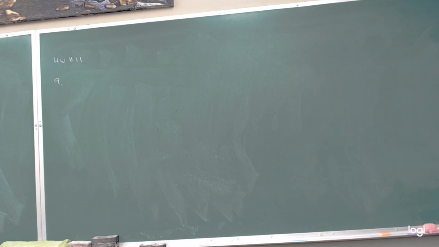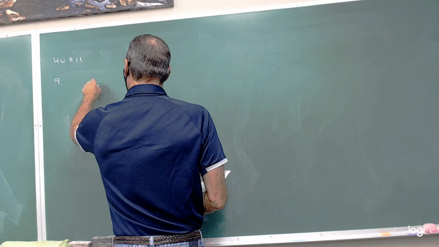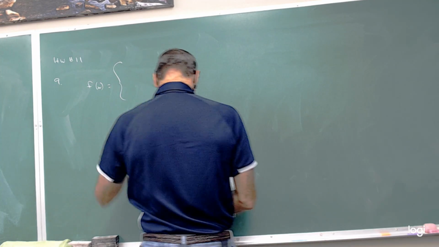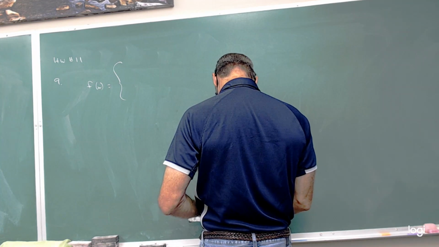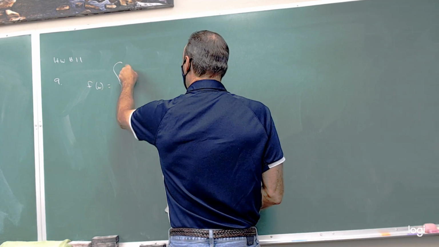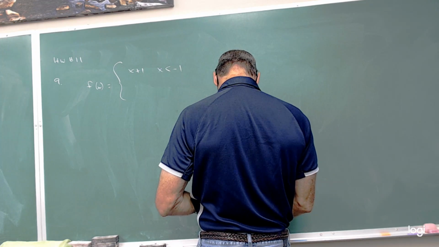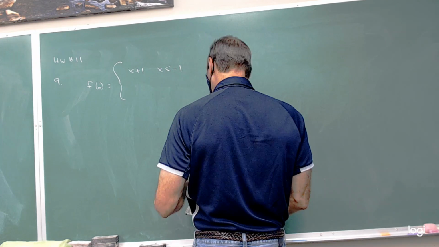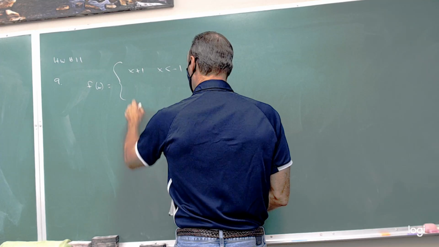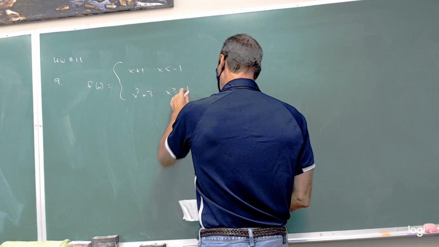So, okay, it's a piecewise function and they want domain and range. So we are looking at x plus 1 for x less than negative 1, and x squared plus 3 for x greater than or equal to negative 1.